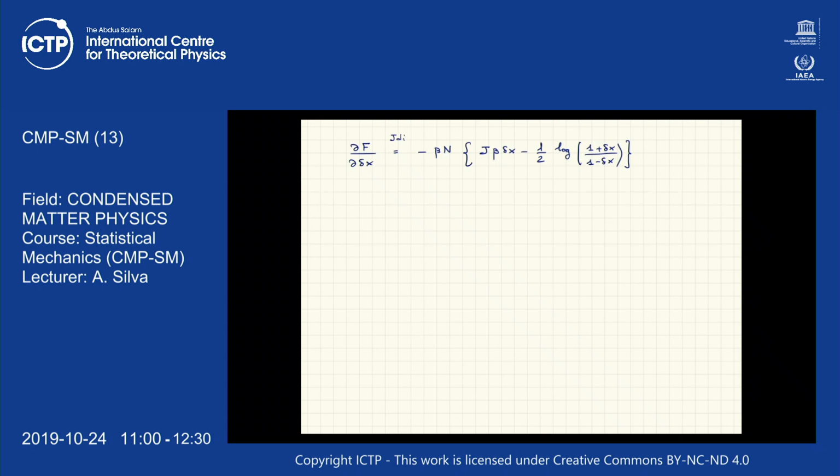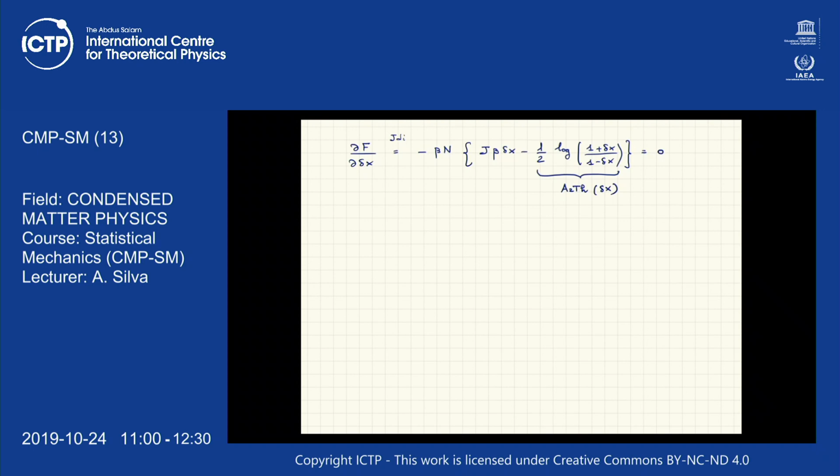Just do the calculation, okay? And now, what you see is that you have to set this equal to 0. But look at what happens. This function here is essentially the arctangent hyperbolic of delta x. It's another way to write the arctangent hyperbolic.